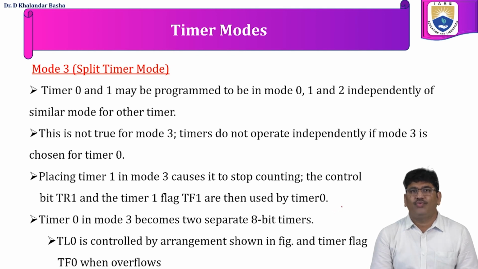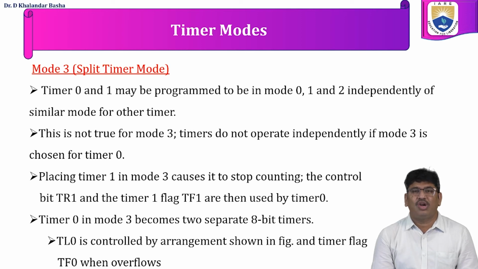The next mode of operation is mode 3, which is a split timer mode. Timer 0 and timer 1 may be programmed to be in mode 0, mode 1, mode 2 independently of the similar mode of the other timer. This is not true for mode 3.